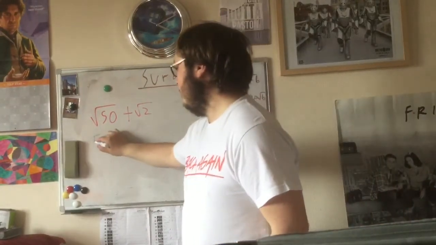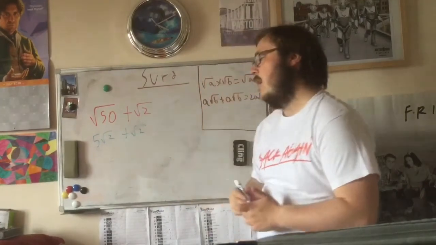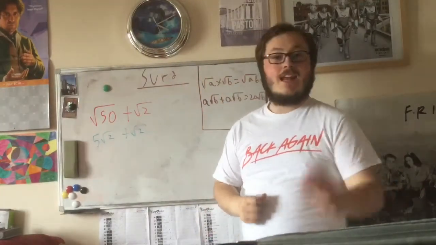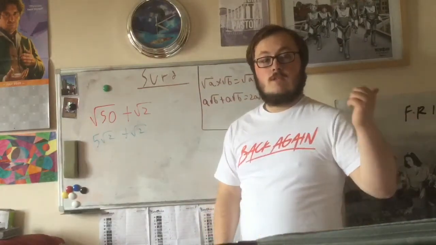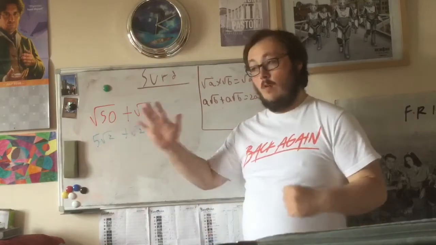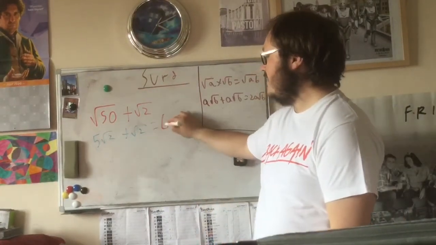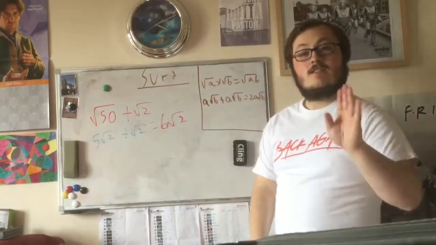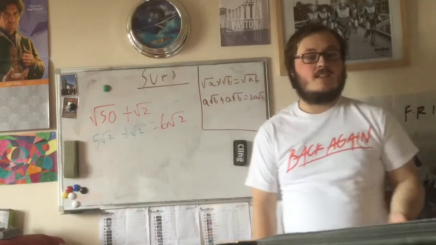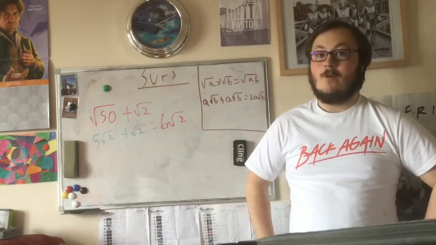So that becomes 5 root 2 plus root 2. This we now can add together because they both have a root 2. So what's 5 root 2's plus 1 root 2? That becomes 6 root 2's. So all you need to do is remember how to simplify your surds, how to add them together, and how to work through it from there. It's pretty straightforward, isn't it?